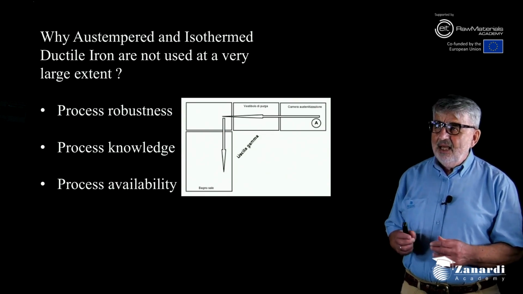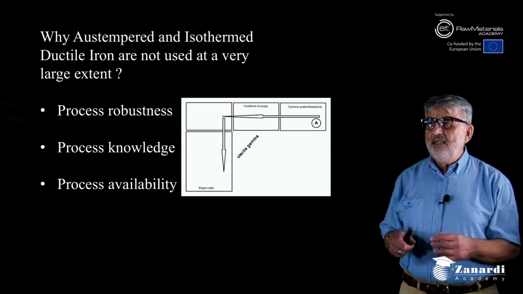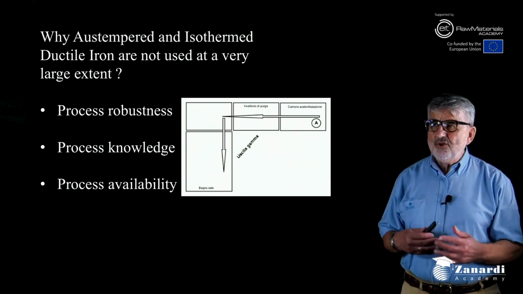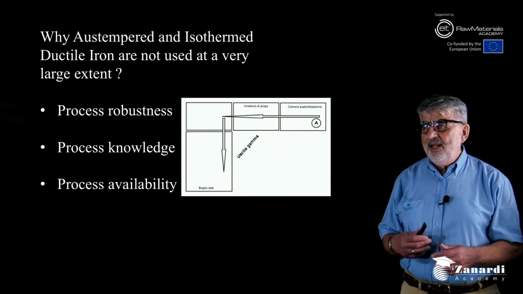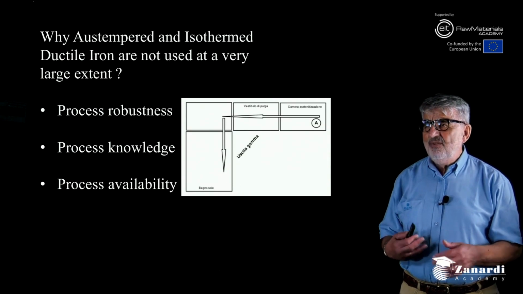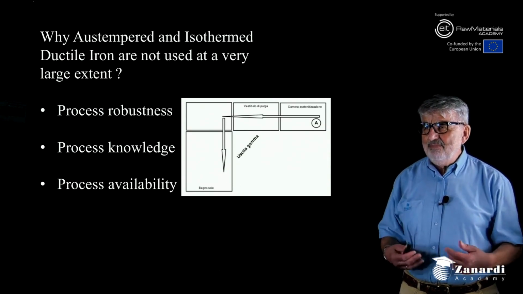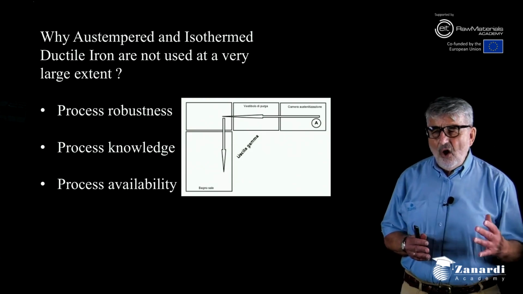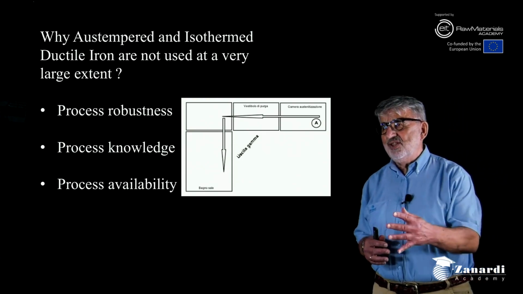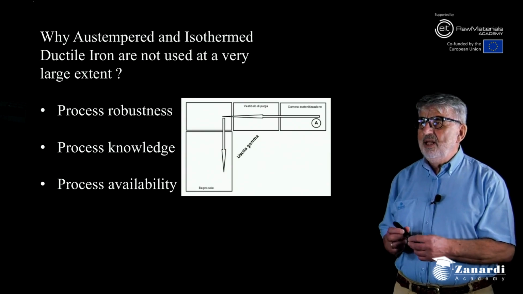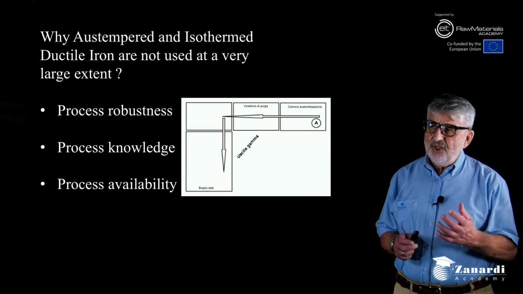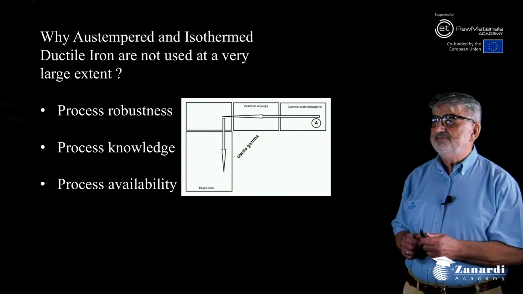And then during the ausferritic reaction, we need to guarantee a fully uniform temperature on the casting surfaces, leaving only to the internal heat transfer the task to reach the equilibrium conditions.